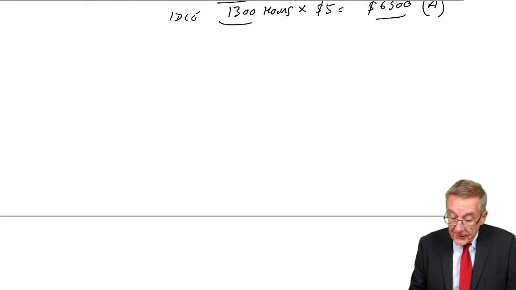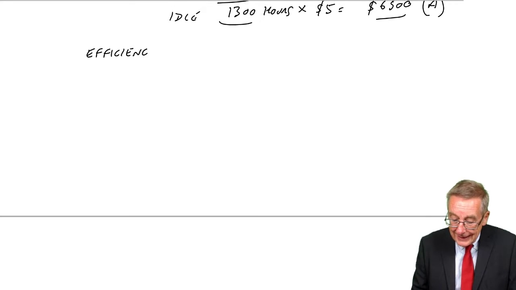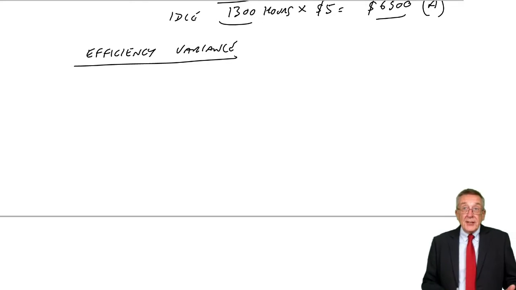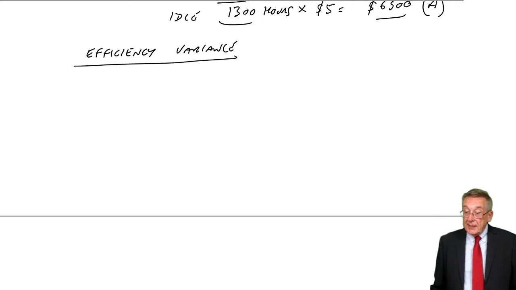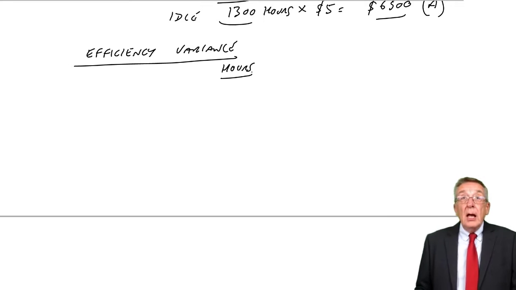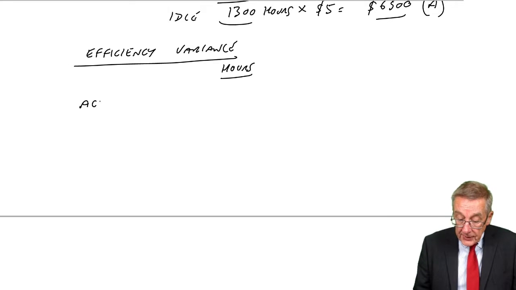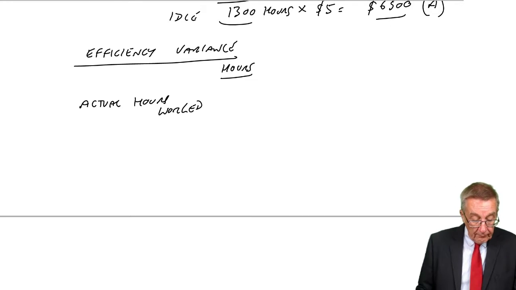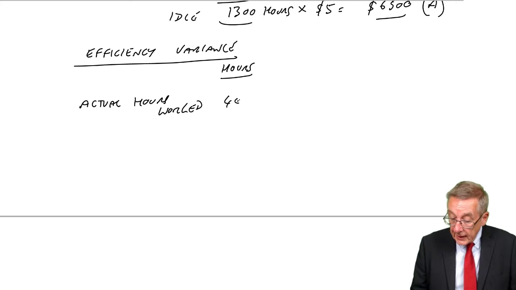And we call this the efficiency variance. Did they work faster or slower than we'd have expected? And so to check that, we compare the actual hours they worked, $44,100.